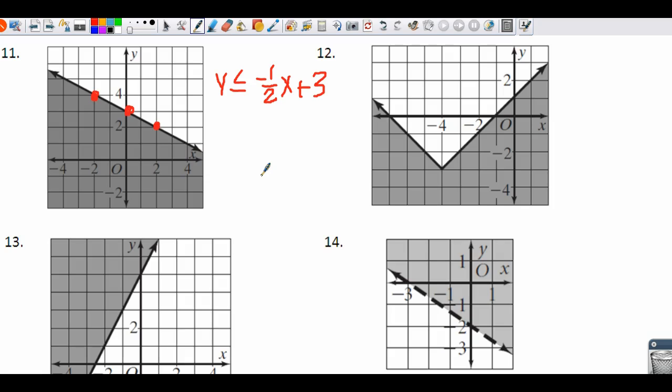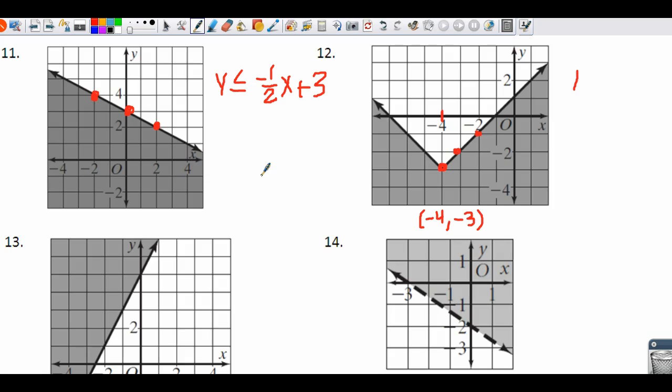In number 12, you have an absolute value. We're going to graph absolute values and shade them tomorrow. But at this point, you should already know how to write your equation. My graph opens up. My slope is positive 1. My vertex is at negative 4, negative 3.